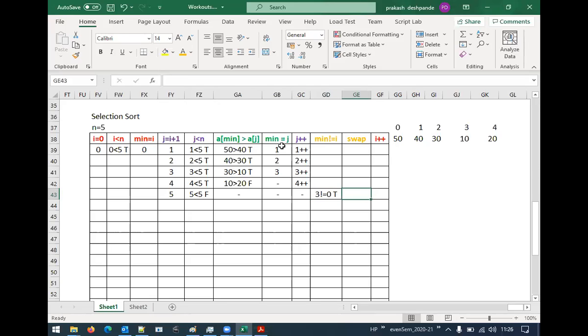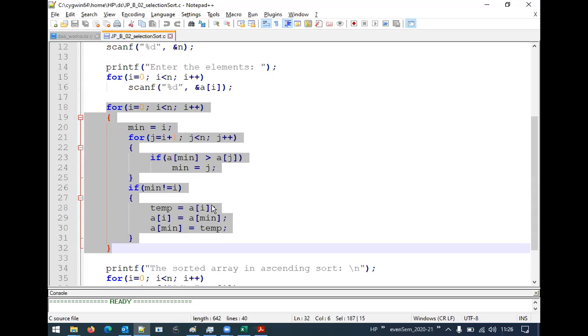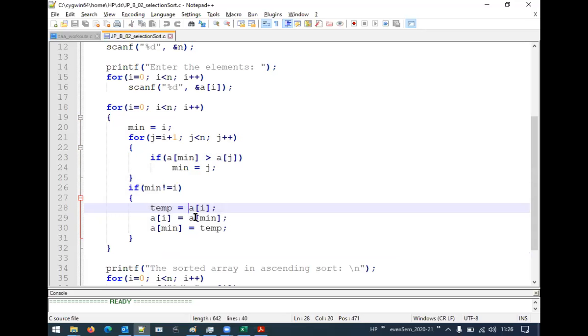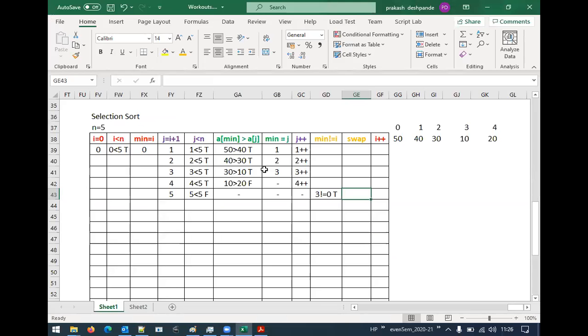If it is true, we need to swap. What to swap? Look at the code. A of I and A of min, meaning the values pointed to by I and min. So here min is 3, I is 0. That means 50 and 10, both of these we need to swap.